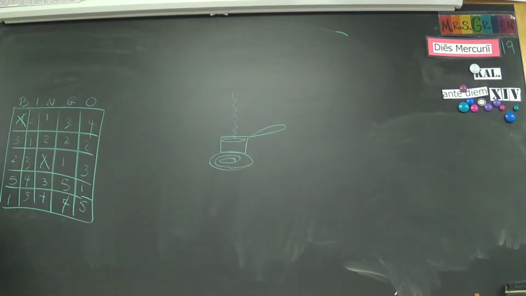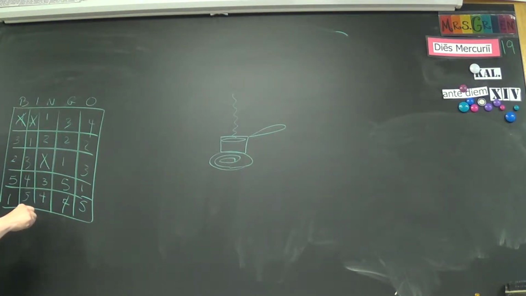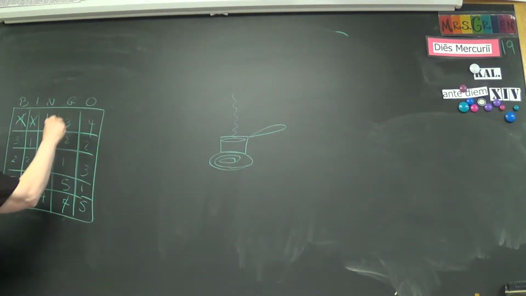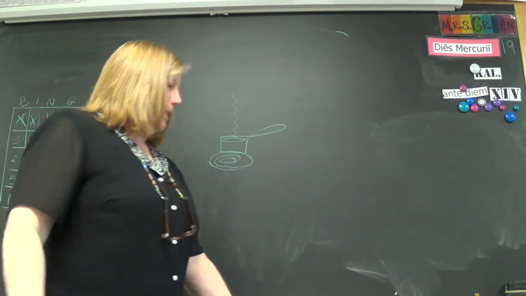That's B4. Never mind. I2, G1, O4, and N4. Okay, I'm caught up. I didn't get that one either.